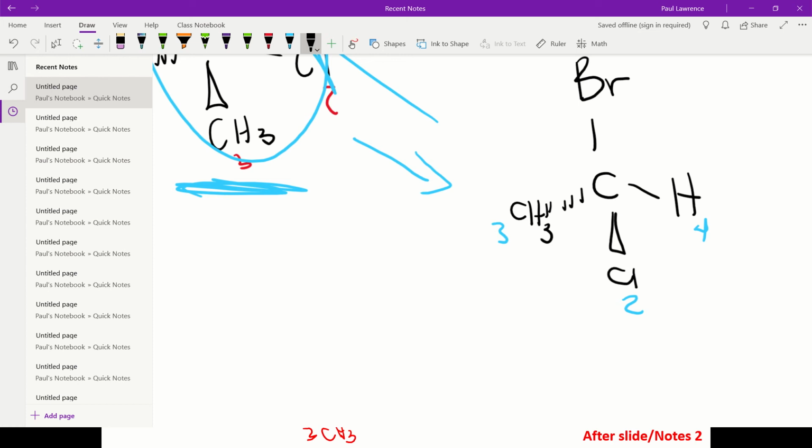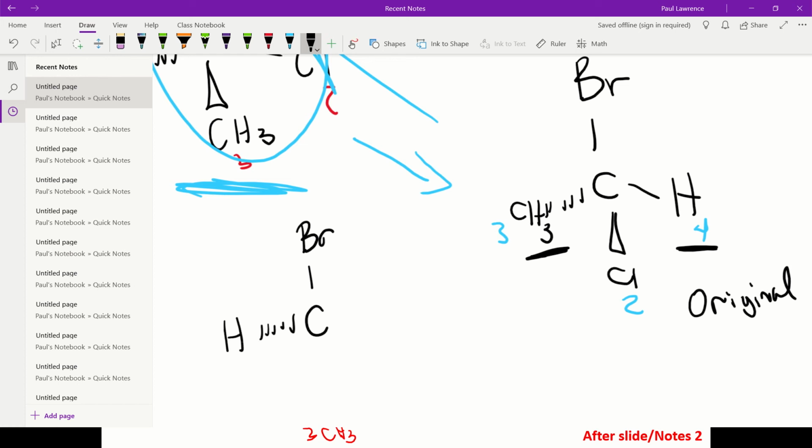What you can do is identify this molecule as the original, and then redraw the molecule, but with a switch. You take the lowest priority and switch it with the dash group. So we can see now the hydrogen is there and the methyl group is here.